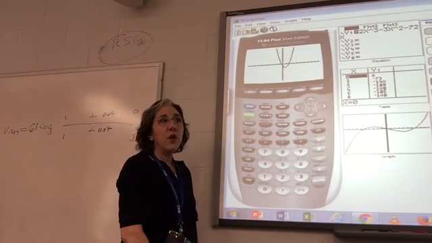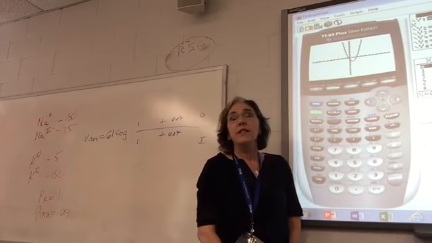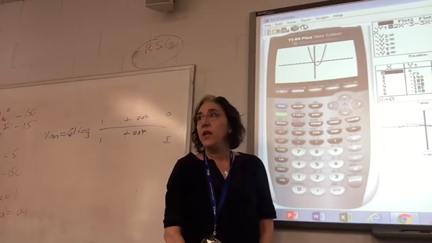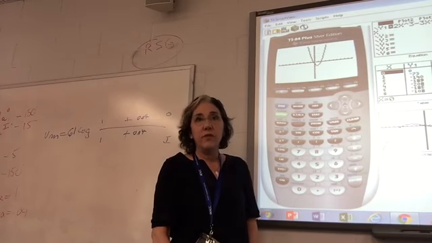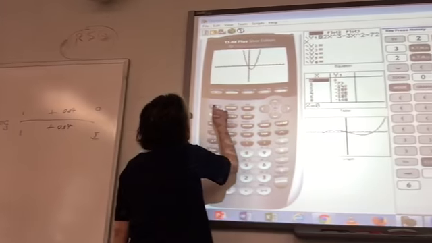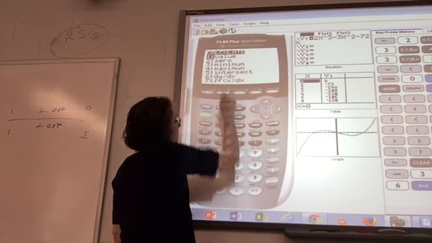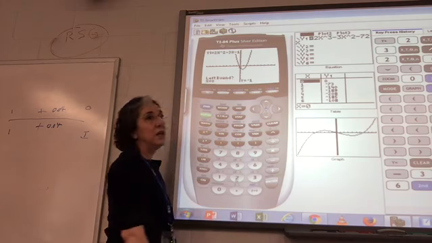Okay, and it does cross the x-axis 2 times, so how many zeros are there? 2. And so we're going to use the 0 function, and we will approximate according to whatever the directions say if we were doing this in a homework problem. So remember how you do this is you do second trace, and you're going to choose 0. So that's choice number 2.